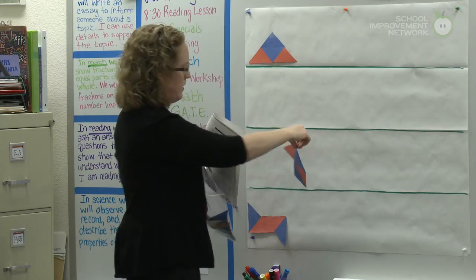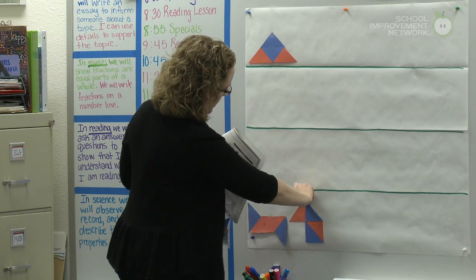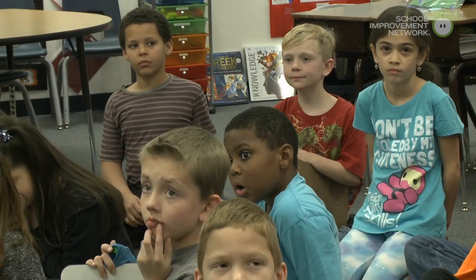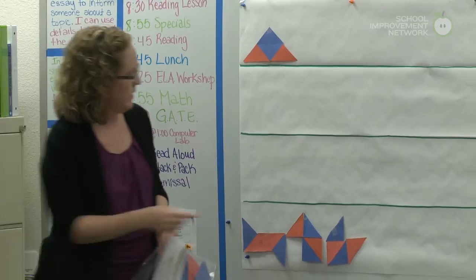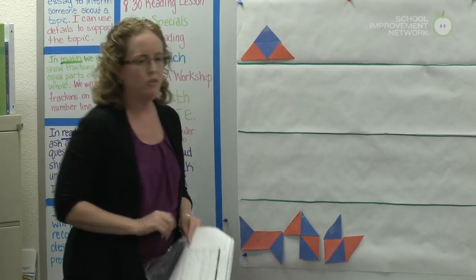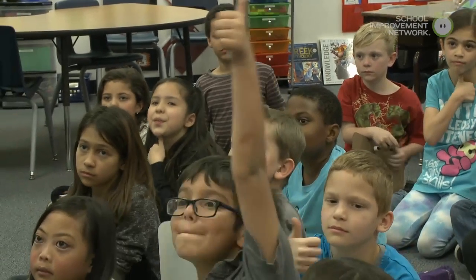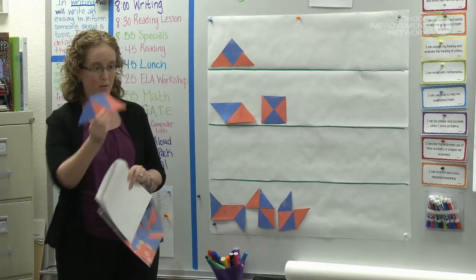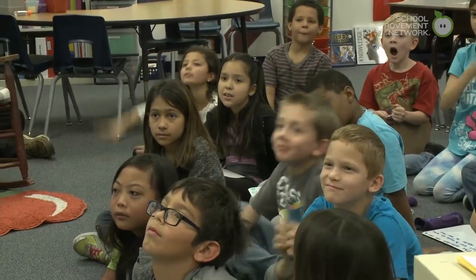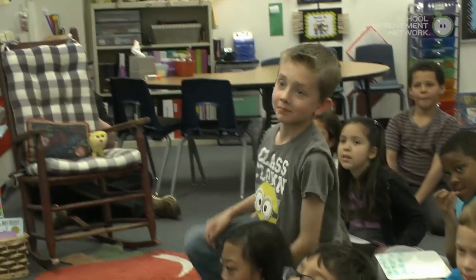Okay, and I think this one needs to go here. So all of these shapes have one attribute the same. Thumbs up if you think you know. Mason, you prepared to come put this one in the proper category? If you know my rule, then you should be able to do it.